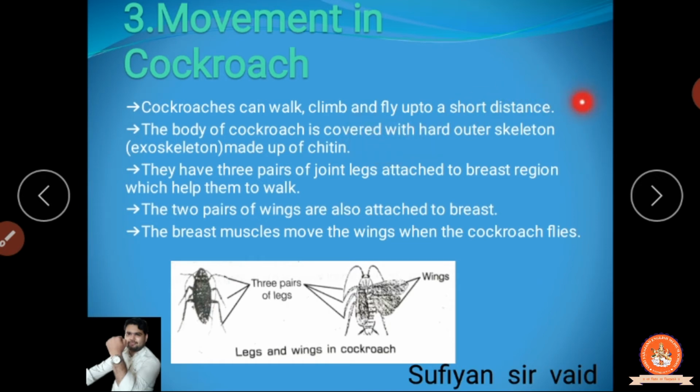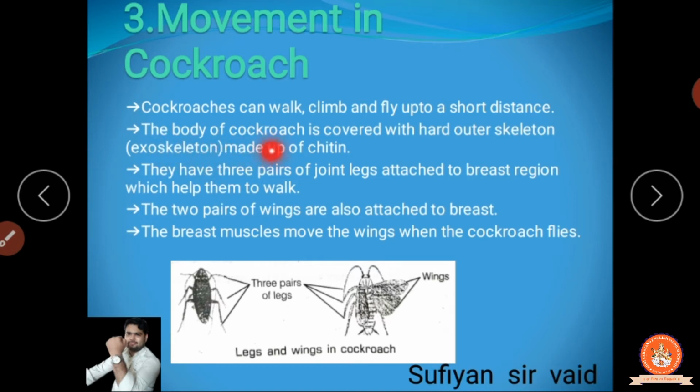When you observe the cockroach, they make small flights and stop. Why? Because they are not able to fly long distances. They are only able to fly for short distances.